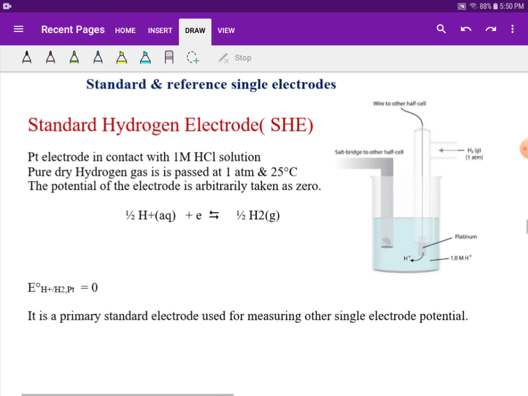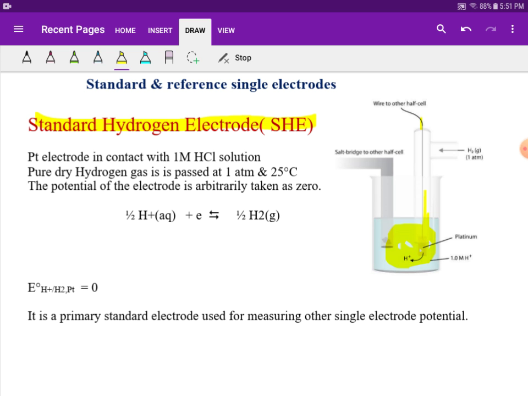One is the standard hydrogen electrode. This is a gas electrode. The standard hydrogen electrode is a typical gas electrode. It consists of, otherwise called a normal hydrogen electrode, a platinum electrode in contact with 1 molar HCl solution.